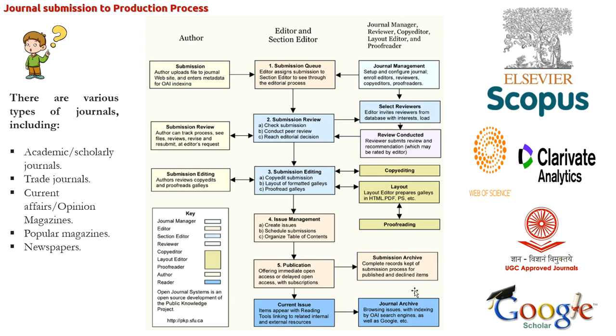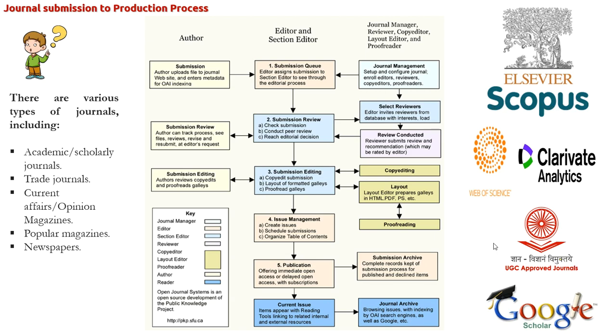The journal archive directly communicates to the indexing environment, the metadata repository system. The particular article is either in a Scopus indexed journal or not, whether Scopus indexing is done or not. Either Clarivate Analytics, Web of Science group, SCI, SCIE, or whatever it may be, either Scopus or a UGC approved journal.